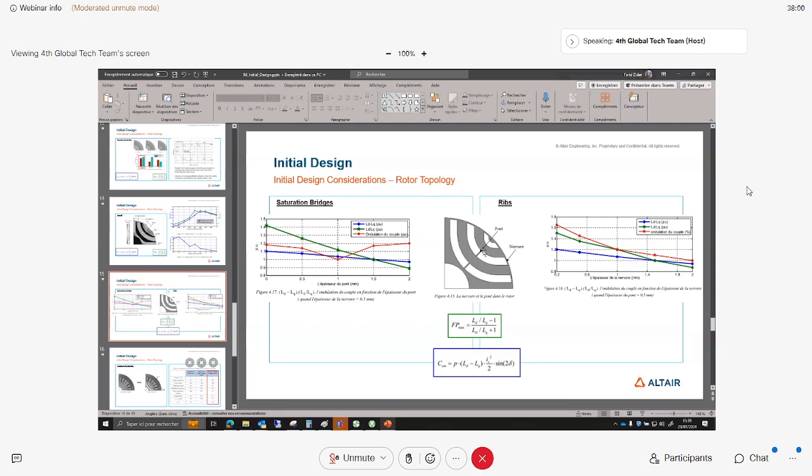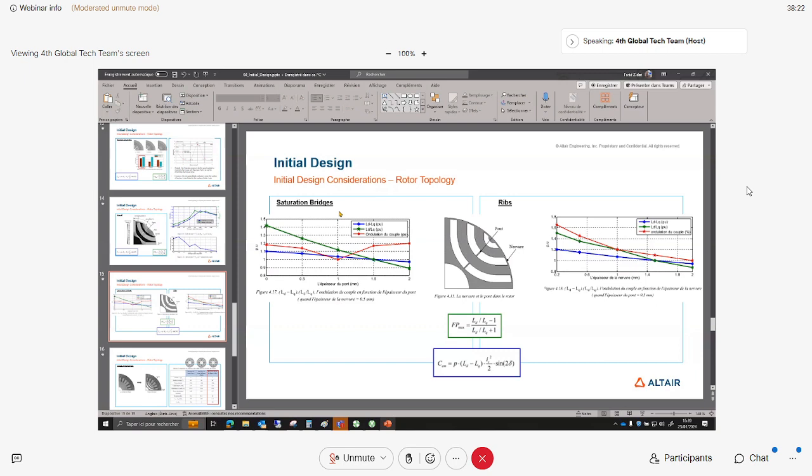And then, yeah, we have to pay attention to it because they have an impact on the power factor and the torque. And if we make them very thin, from mechanical point of view, it's not acceptable.